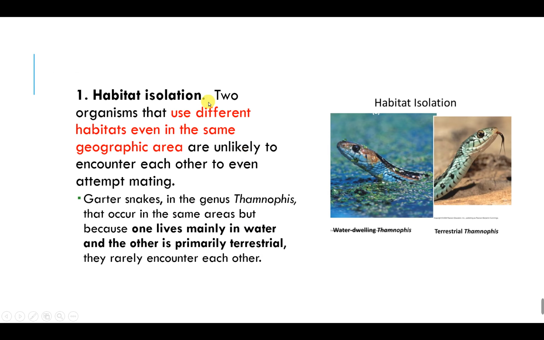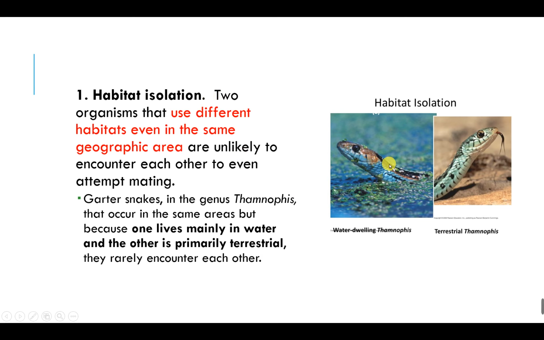The first one, habitat isolation. This is simple. You have two species living in different habitats in different areas, so they never meet, and that's why they never breed and never have any offspring. So you can maintain different species like this.